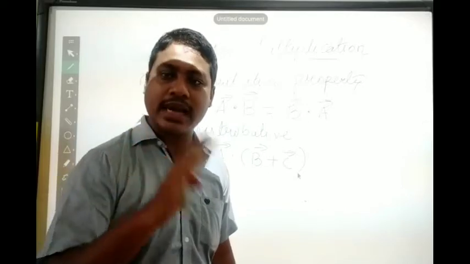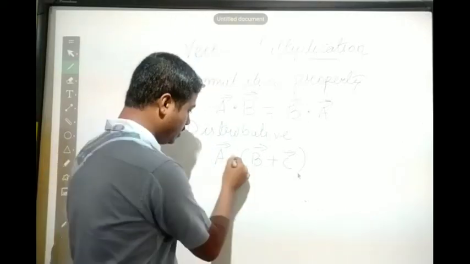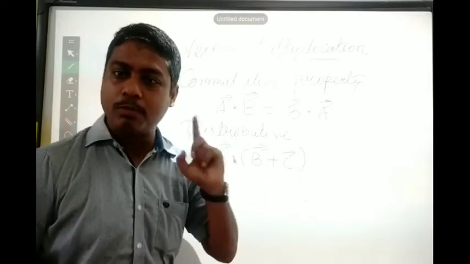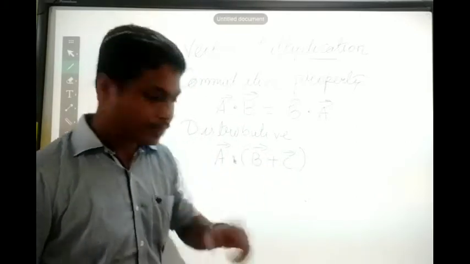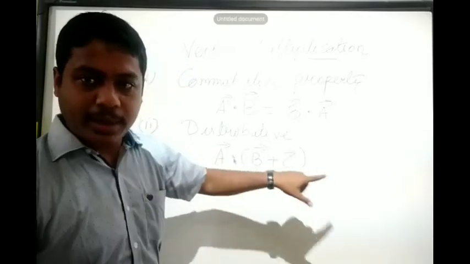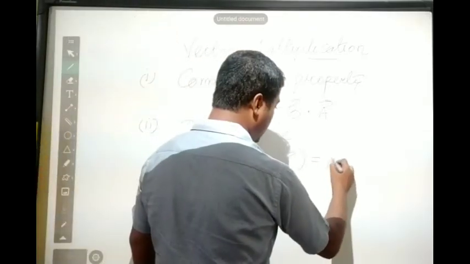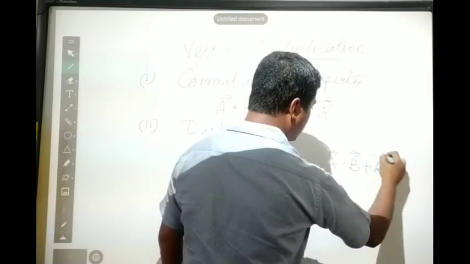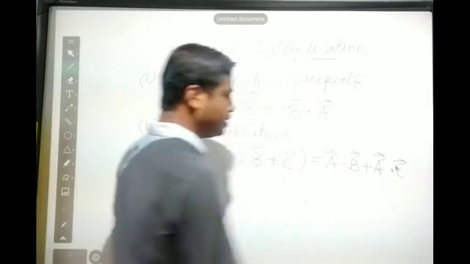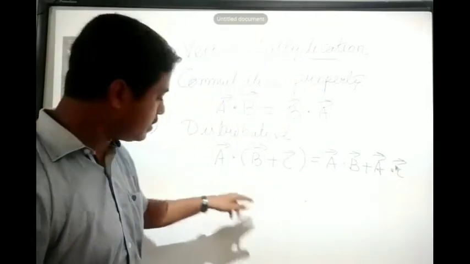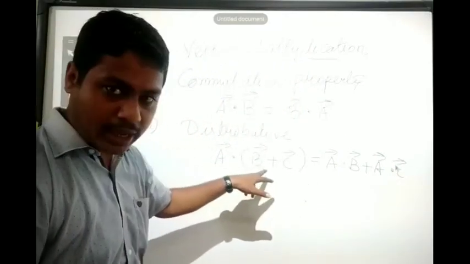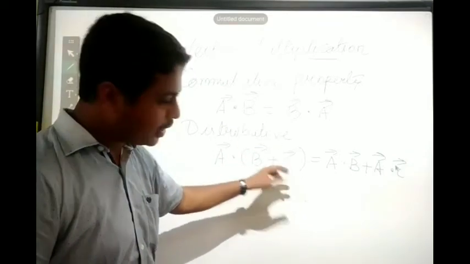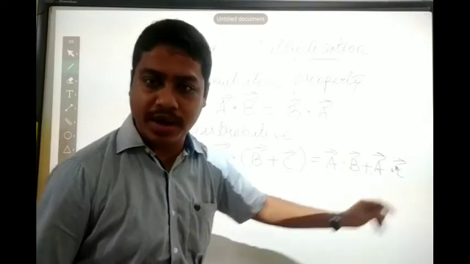If you don't give the bracket, your property is wrong. A dot (B plus C) you have to write as A dot B plus A dot C. Distributive means A is multiplied with B and also A is multiplied with C. So this is called the distributive property.